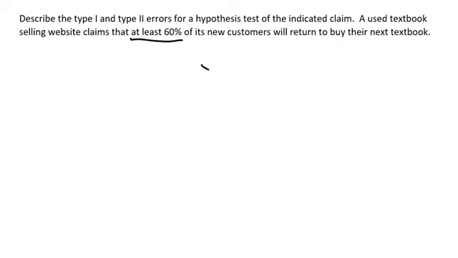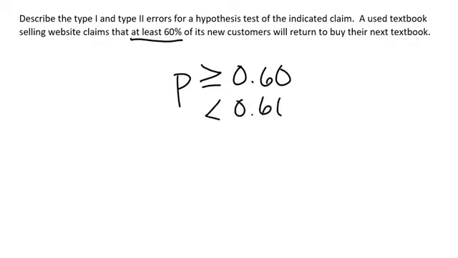At least is greater than or equal to. And since I'm dealing with a percentage, I can rest assured that this is a p, or proportion. What's the complement of greater than or equal to? Less than. So the one that has the equal sign is going to be my null hypothesis, and the other will be my alternative hypothesis.